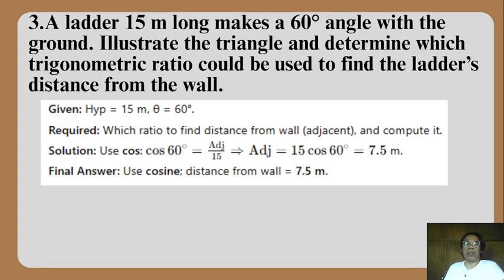So by cross multiplication, the adjacent side of our right triangle is equal to 15 multiplied by cosine 60 degrees, which is equal to 7.5 meters. So the final answer, we need to use cosine function or cosine ratio, and then the distance from the wall, which is the adjacent side of the right triangle, is 7.5 meters.